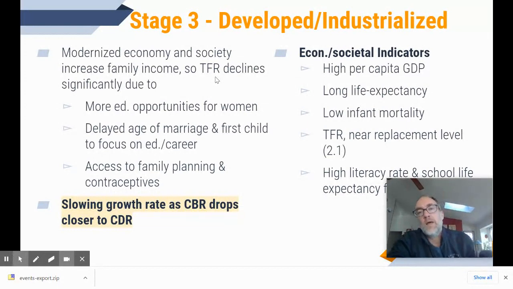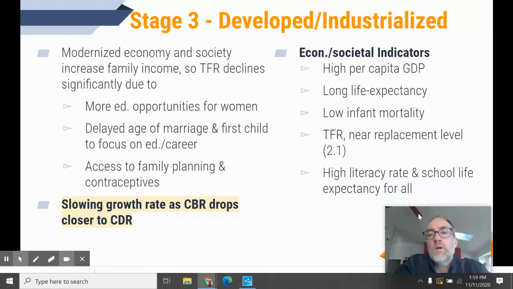So there's that lag that happens. Economic and societal indicators usually are a high per capita GDP, long life expectancy, low infant mortality, total fertility rate near 2.1, and high literacy and school life expectancy for all.